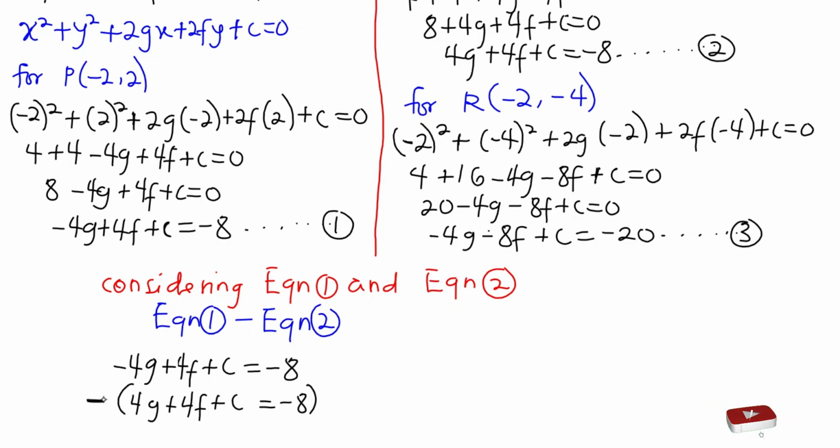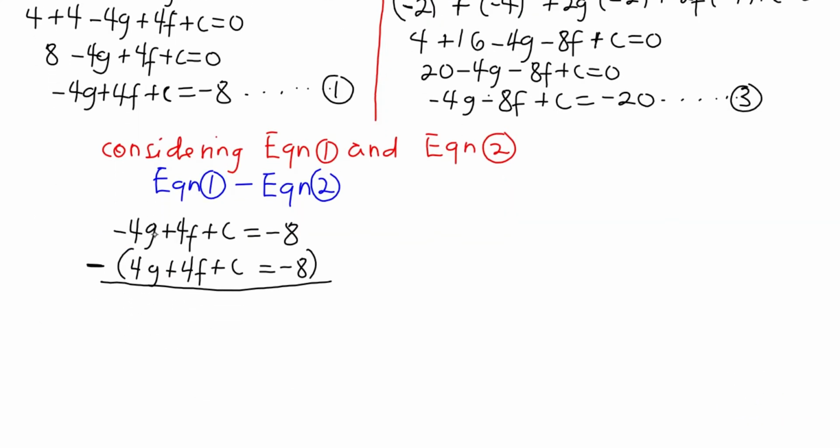So we bring the minus here, then we find our solution. Minus 4g minus 4g gives us minus 8g. The next one, 4f minus 4f gives us 0. Here c minus c gives us 0. And minus 8 minus minus 8 also gives us 0.